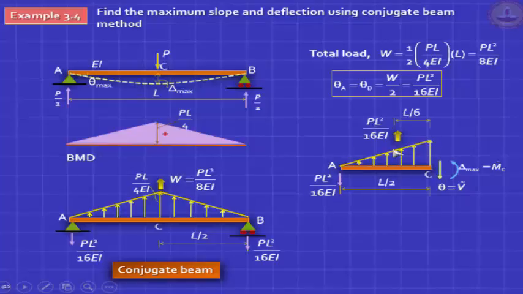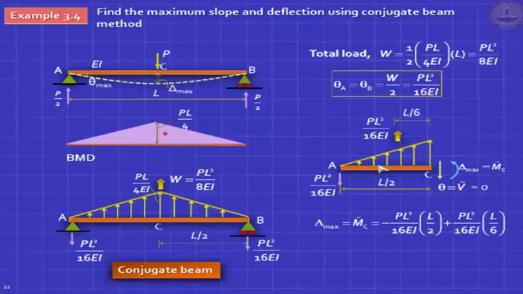But you know that the centroid of a triangle is located at 1/3 the distance from this side. So if this is L by 2, 1/3 of L by 2 is L by 6. So it's very clear. This moment is this load into L by 2 minus this load into L by 6. By the way, the load itself is the same. So actually it's this load into 2L by 6.